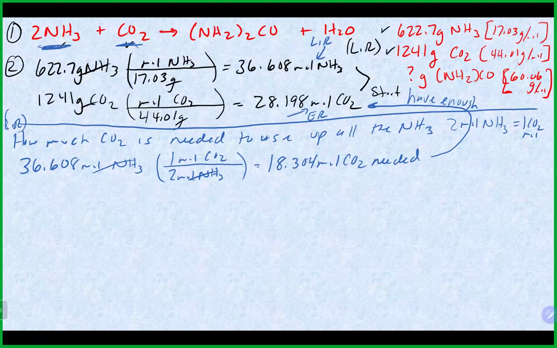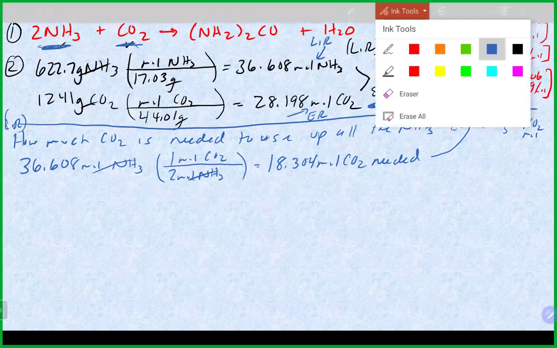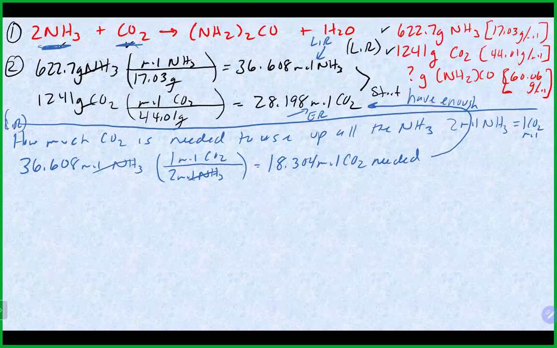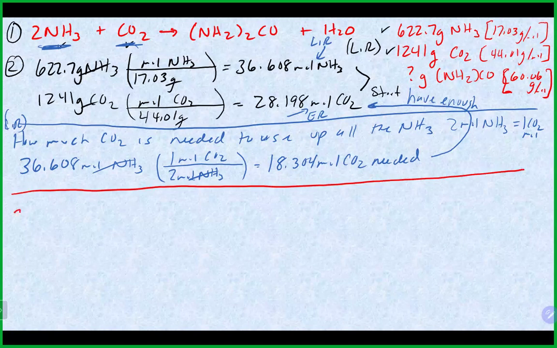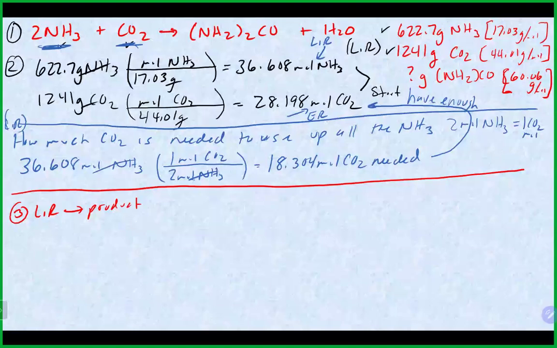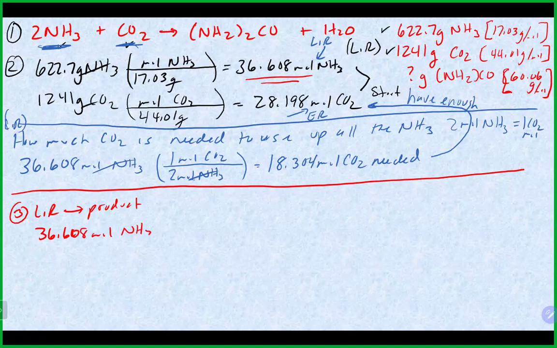So again, now that I have determined the limiting reagent, I'm ready really to finish the problem here. We are going to start with our limiting reagent and now go to our product. So using the starting amount of our limiting reagent, which is 36.608 moles of NH3, we can now do the relationship between NH3 and our product.